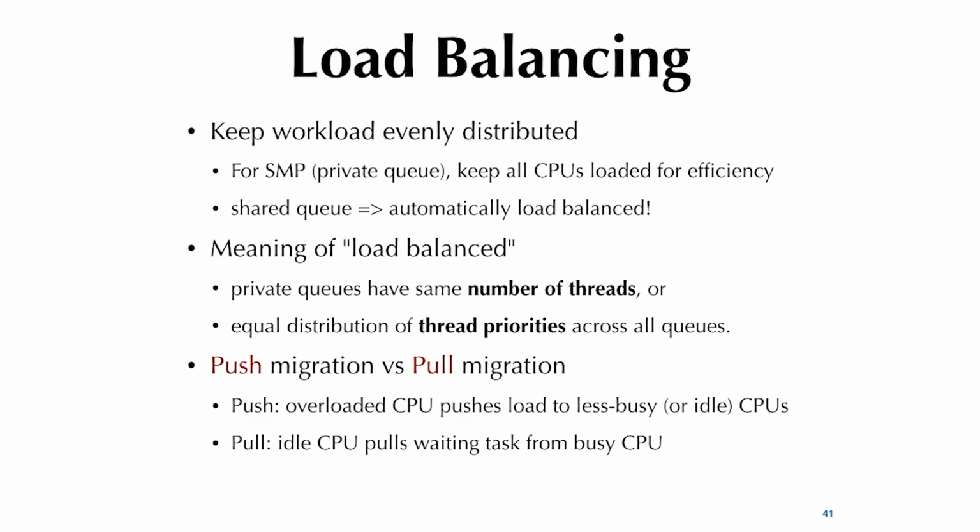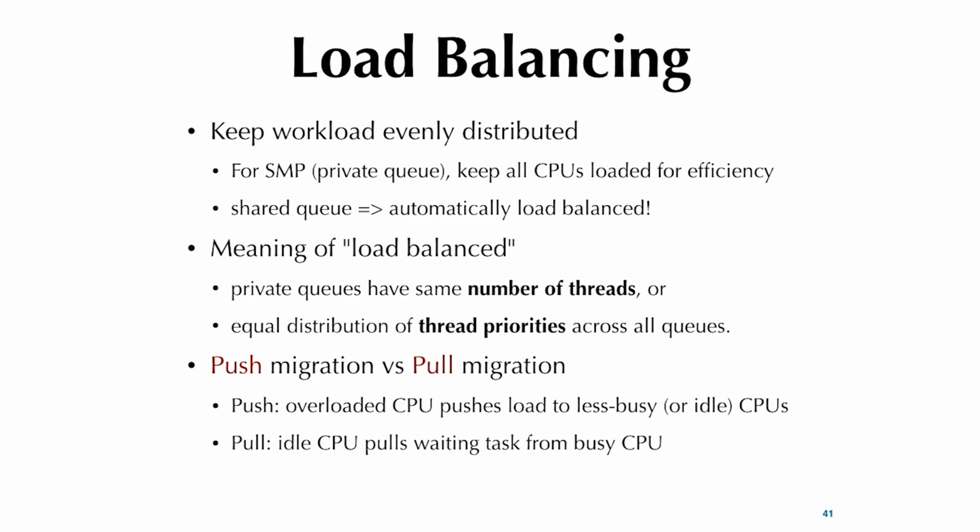So that way it's automatically load balanced. But load balancing, even the term, can take on different meanings. Because what does it really mean to be load balanced? So in the case of private queues, you may have the same number of threads. Does that make it load balanced? Maybe, maybe not, because threads aren't all equal. Some may be more I/O bound, some may be more CPU bound, right? So if you just base your load balancing on the number of threads, who knows?